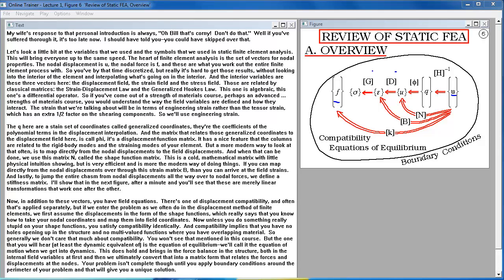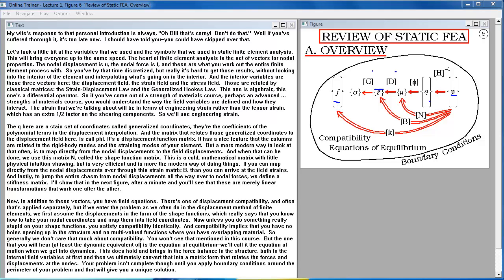The strain that we're talking about will be in terms of engineering strain rather than the tensor strain, which has an extra 1/2 factor on the shearing components. So we'll use engineering strain. The Q here are a strange set of coordinates called generalized coordinates. They're the coefficients of the polynomial terms in the displacement interpolation.